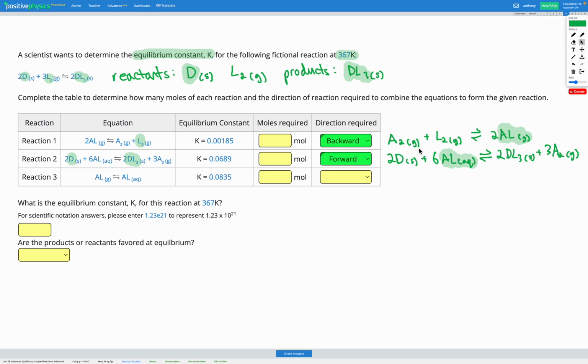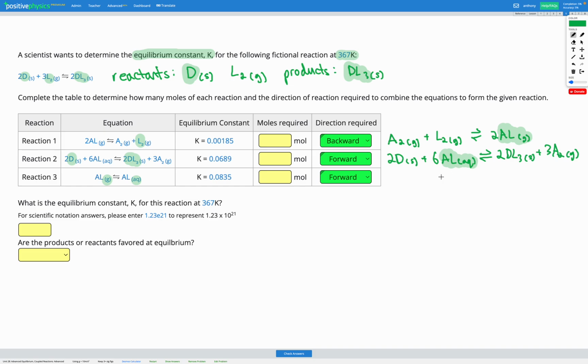So right now step 1 forms AL gas. Step 2 then uses up AL aqueous. So we're going to need to turn AL gas into AL aqueous so that it can get used up in that second step. So we're going to want to have gas on the left and aqueous on the right. We already have that, so this one is already in the correct direction, forwards.